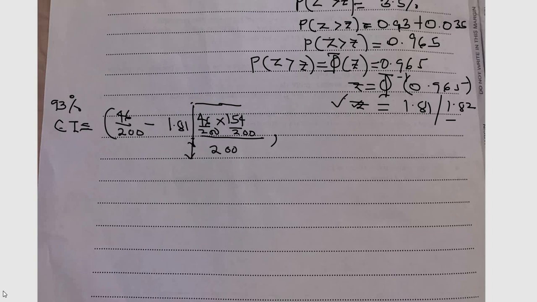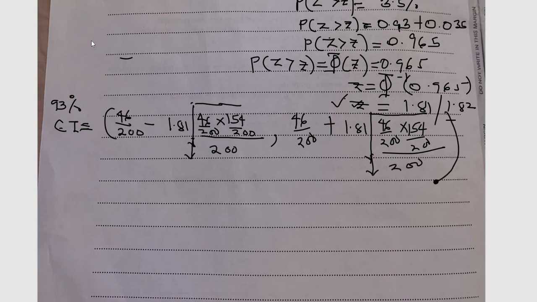The next interval is P plus Z, that's 46 over 200 plus 1.81 square root of PQ, 46 over 200 times 154 over 200 all over N. That's 200. That's the second interval.